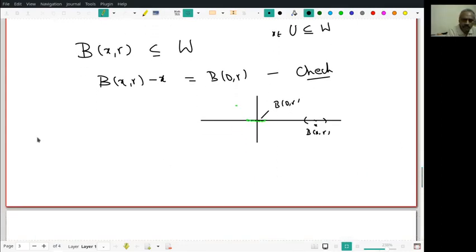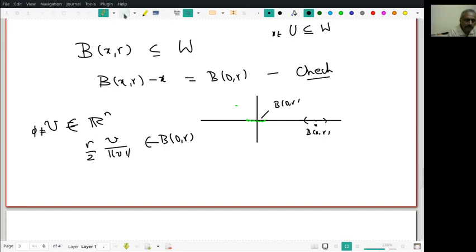Now you give me any non-zero vector v in R^n, then consider v by norm v times R by 2, which belongs to B(0,R). So given any non-zero vector, there is a multiple of v which belongs to B(0,R).